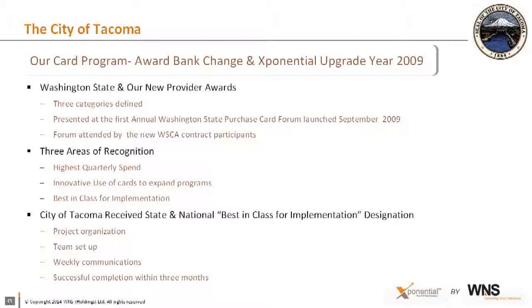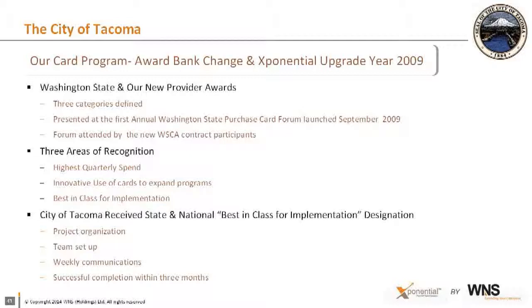So in our card program, with that Xponential upgrade and bank change, Washington State and our new provider opened up an annual state forum, and that was launched in September 2009. They had multiple categories for awards that they were going to give out to the various entities that were participants on the contract.